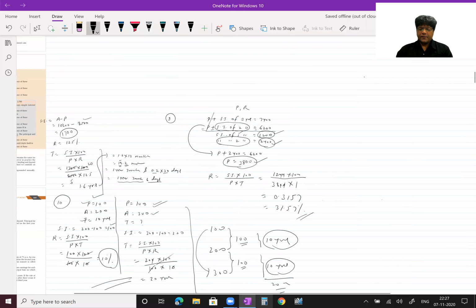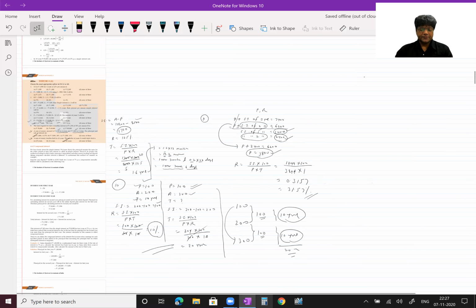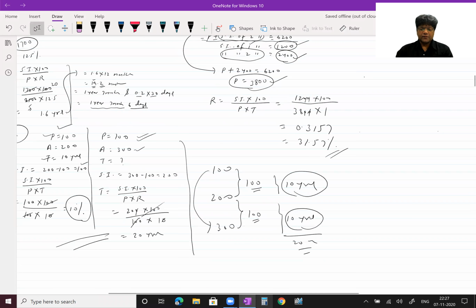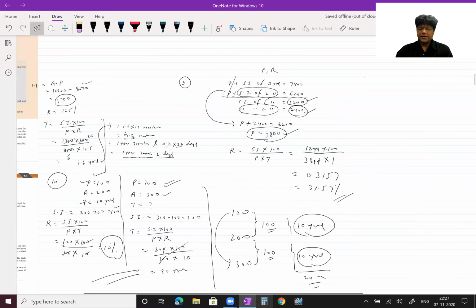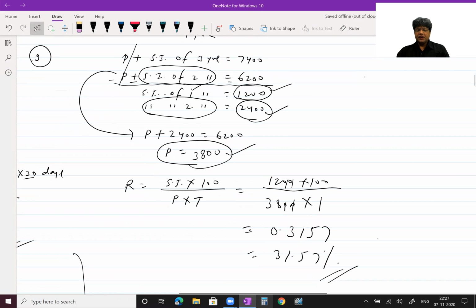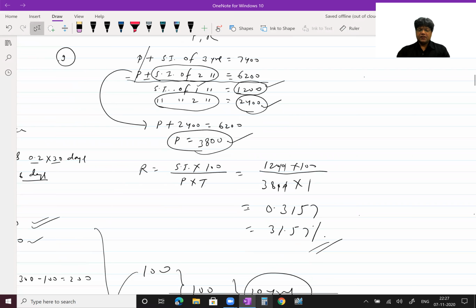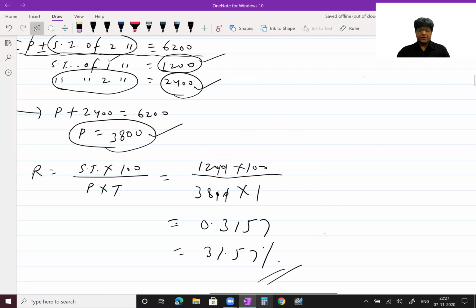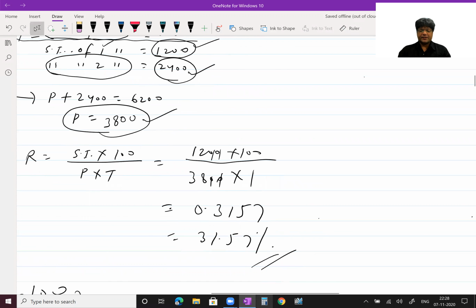Guys, while calculating one of the questions of simple interest, that is question number 9, there occurred one printing mistake, or typing mistake, or calculation mistake, or writing mistake.